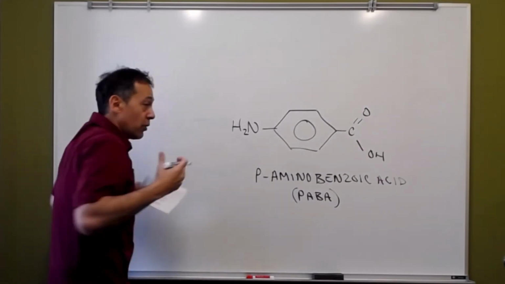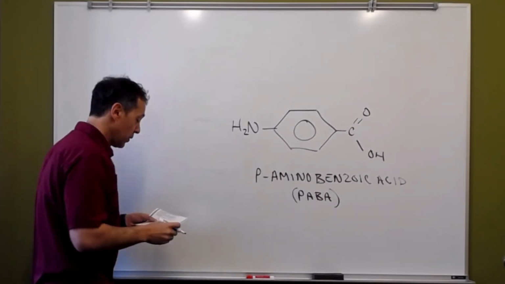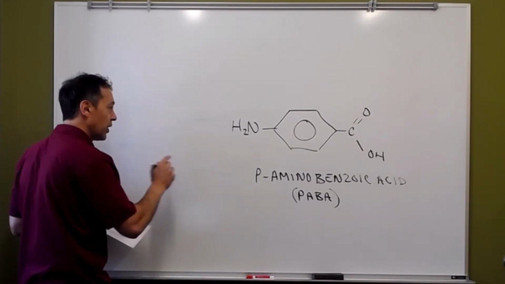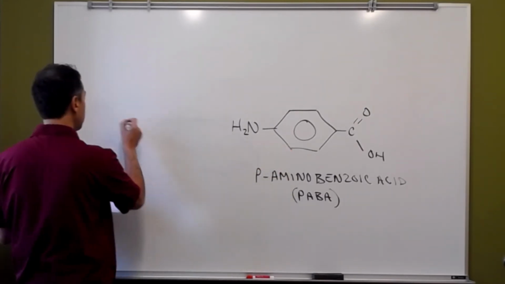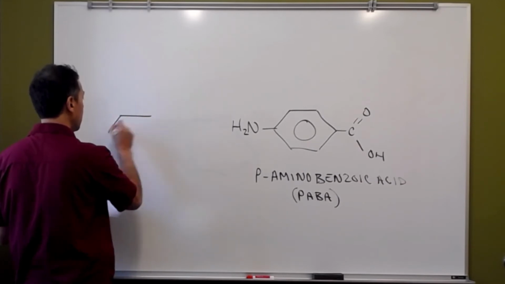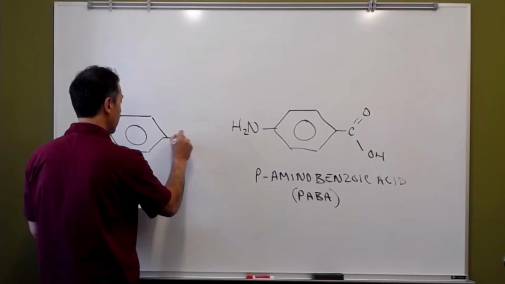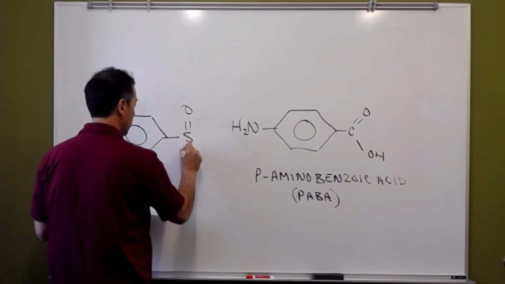All right, so bacteria will convert this into folic acid. And humans, we don't do that. We have to get it through our food. But somebody very smart figured out that there's a molecule that looks very similar to this. And it looks like this. So here's our benzene ring, like that. And then sulfur, like this.